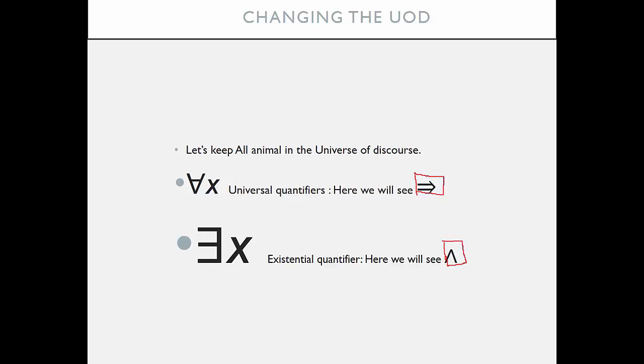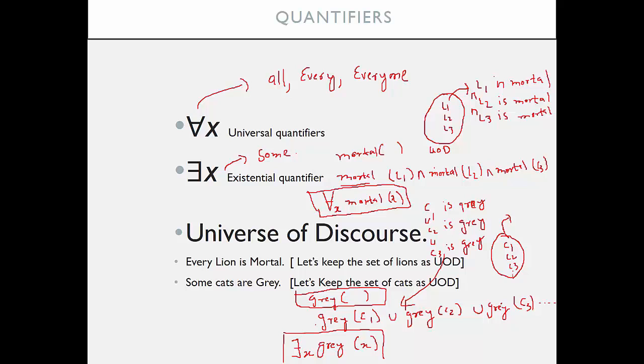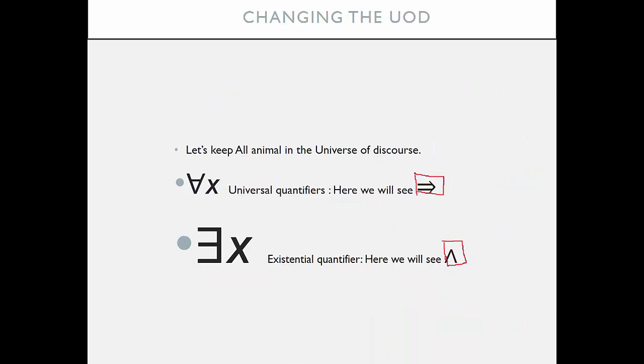Okay, now let's have a look at the previous two examples, which is every lion is mortal. Let's write it here. Every lion is mortal. In the previous case, we had a universe of discourse where we had only lions.